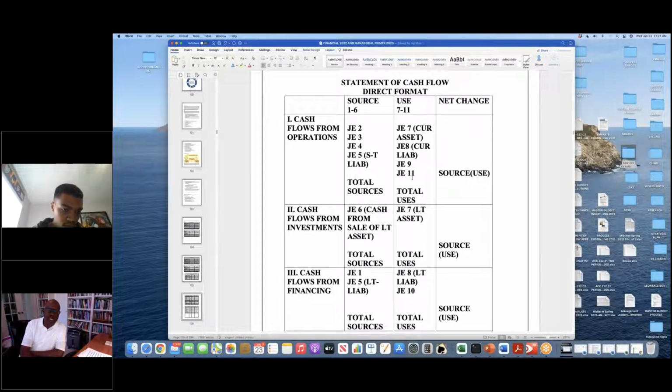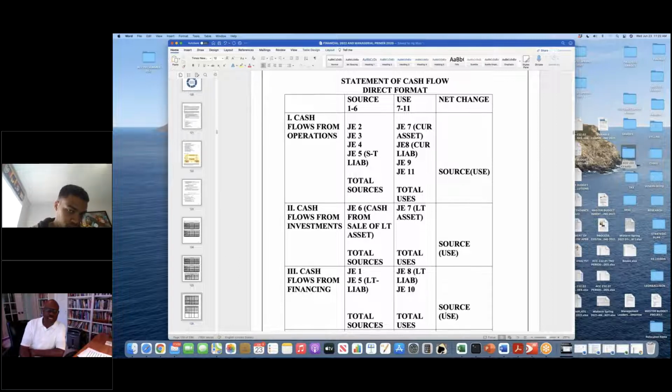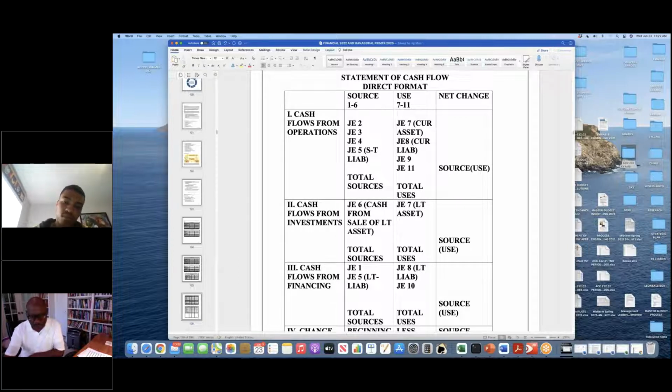And we're showing where they go. And then we get to our net change: how much from operations, how much from investments, and how much from financing. So this is a key template that you utilize as we move to prepare this cash flow statement.